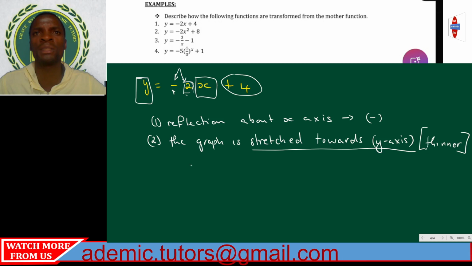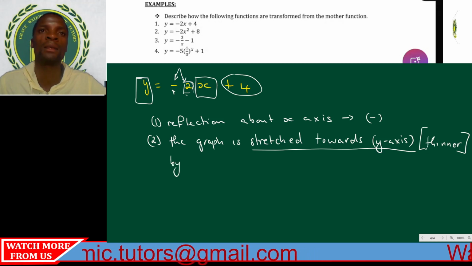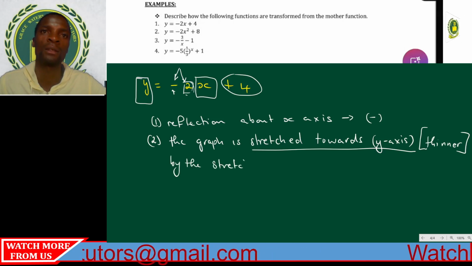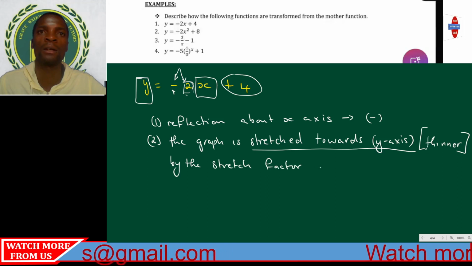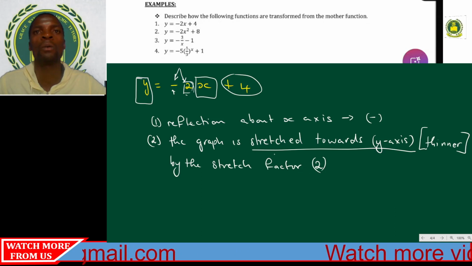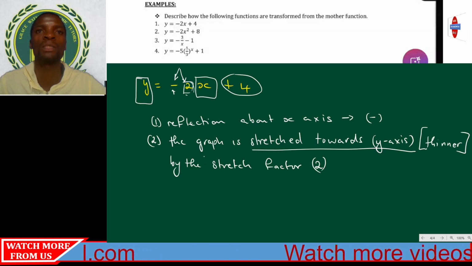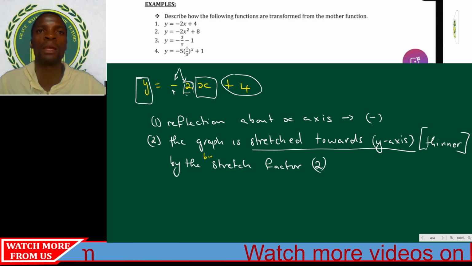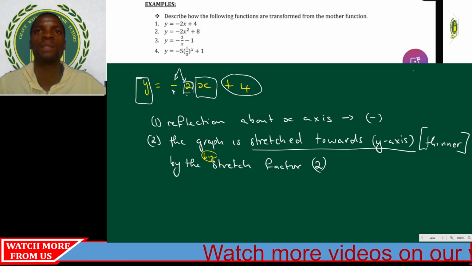So it was stretched towards the y-axis by the stretch factor 2. So 2 was stretching it close to the y-axis. Why? Because this is a big stretch factor, it is bigger than 1. And then what is the third transformation that we are seeing here?